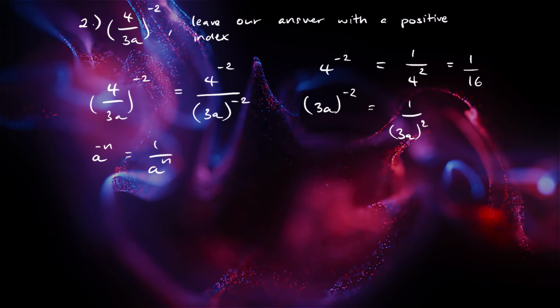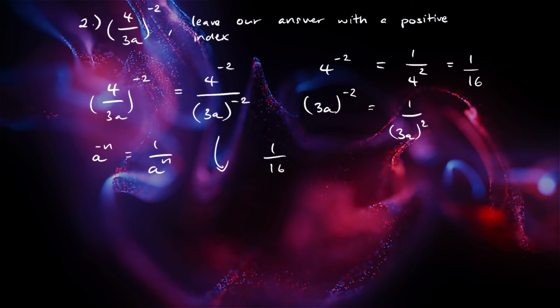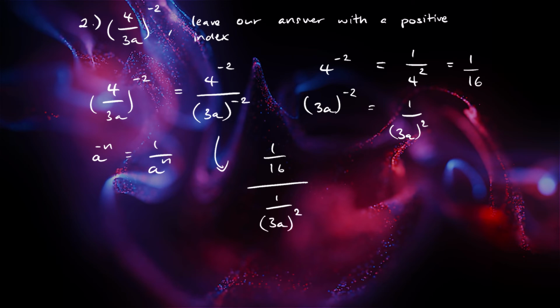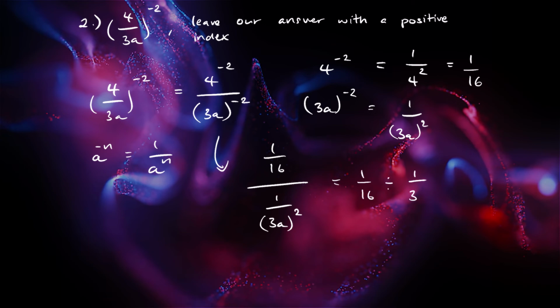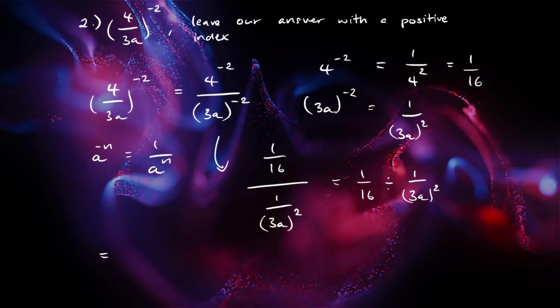So what we've got now is 1 over 16 over 1 over (3a) squared. Now this can be rewritten as 1 over 16 divided by 1 over (3a) squared. And if you remember, when we divide fractions, we flip the second fraction and multiply it across.